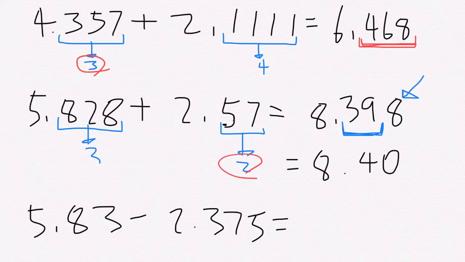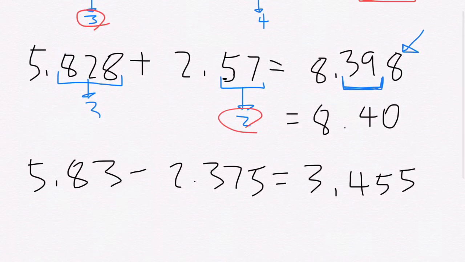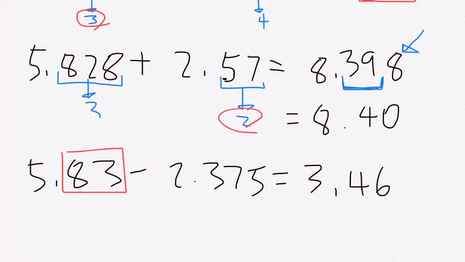So what you should have got is 3.455, except the 5 rounds up, and you get 3.46. Because we have to limit the answer to 2 decimal places.